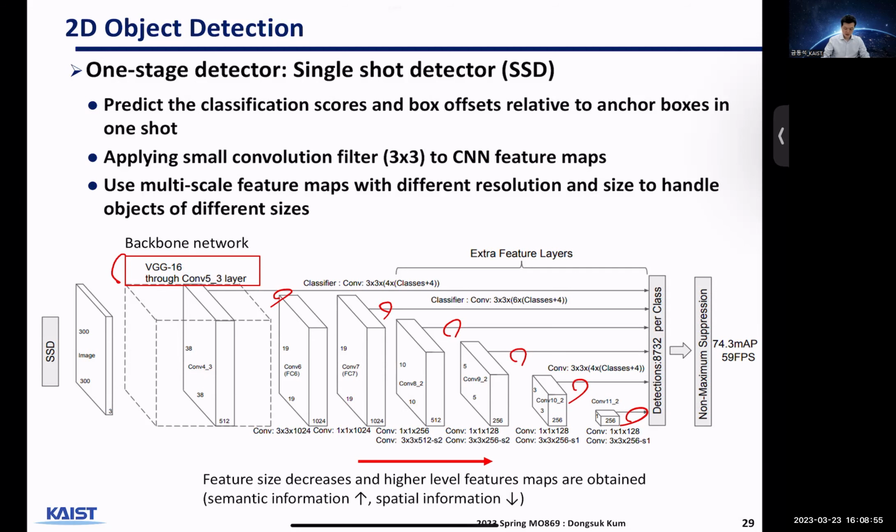And it turns out that you can actually do a pretty good job without having a two-stage detector when you use the full available feature information, okay, from high resolution to low resolution, or low level feature to high level feature information.